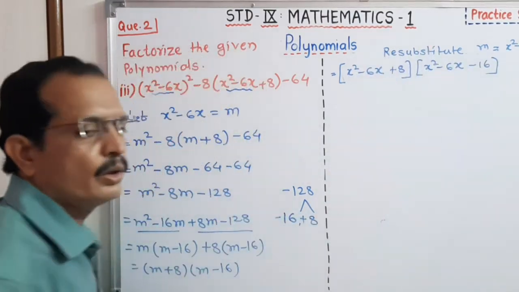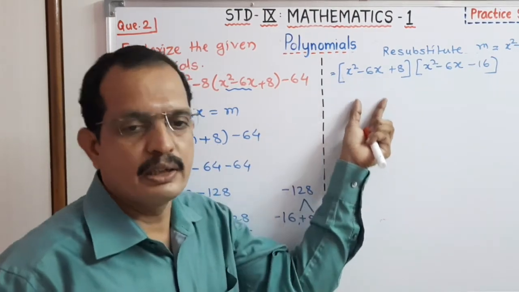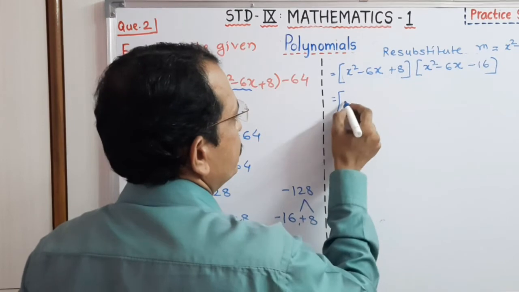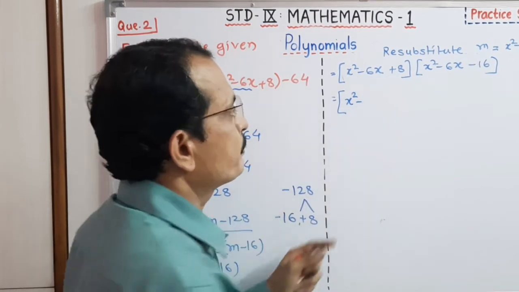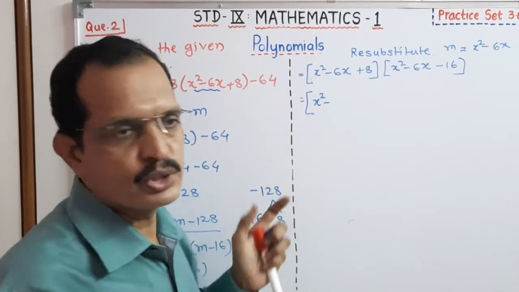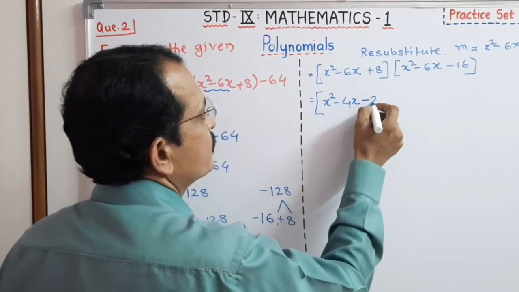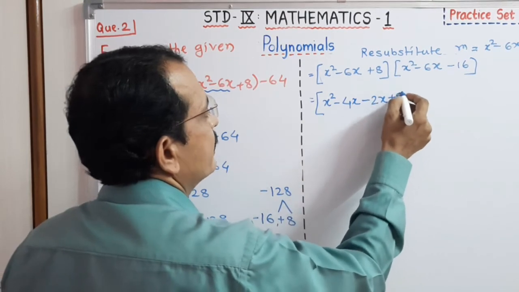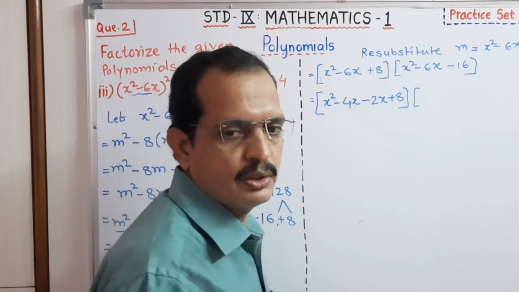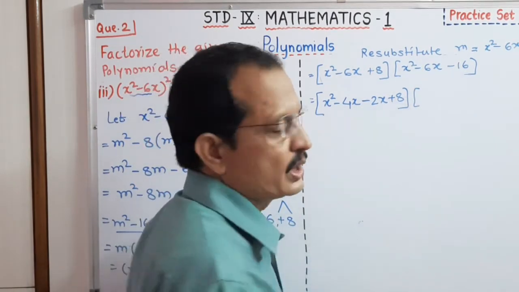Now again here we got two quadratic polynomials. Now factorize this. Tell me the factors of 8 whose addition should be 6. It is 4 and 2, so x square minus 4x minus 2x plus 8. And here it is factors of 16 whose subtraction should be 6. 8 and 2.